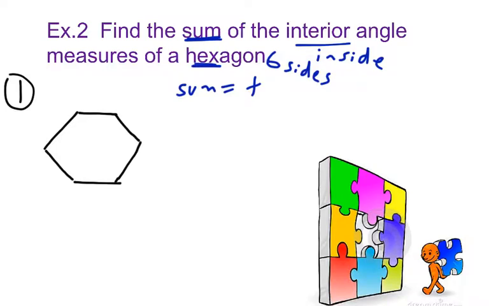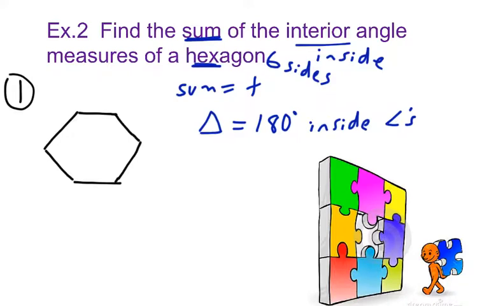I do know the degree measurement of a triangle. So that's something I want to add to this. A triangle has 180 degrees for the inside angles, or the interior angles. And that's good to know. So how many triangles could I make out of this hexagon?